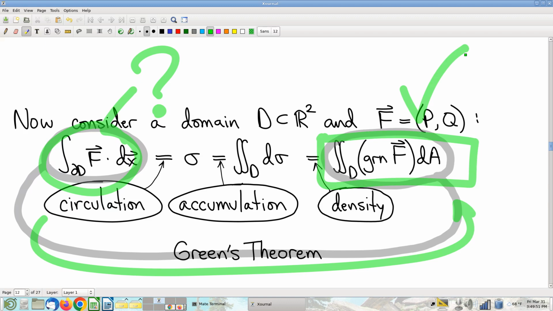And sometimes that double integral is a lot easier to compute. So it's very powerful that it turns one kind of integral into a completely different kind of integral, and sometimes that's a win. So that's all it is. Green's theorem. Let's see some examples.